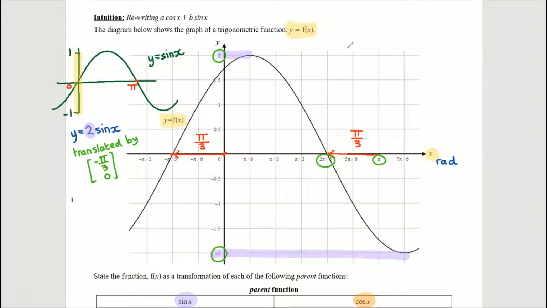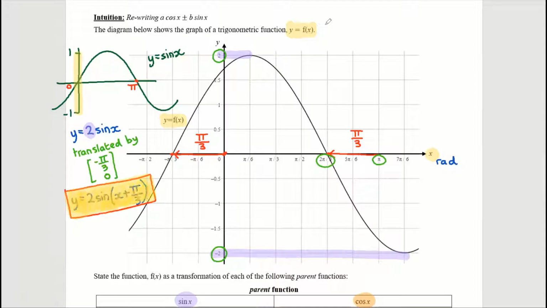So I'm going to have y equals 2 sine of x plus pi over 3. So I think that would be a suitable candidate for my sine transformation. So I'm going to make that look really important, and we can write this in the space provided shortly. I think that's my final answer.